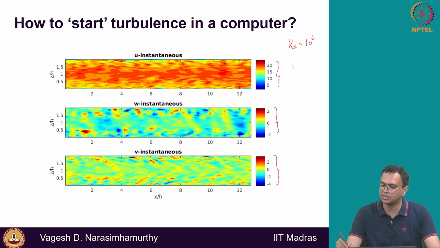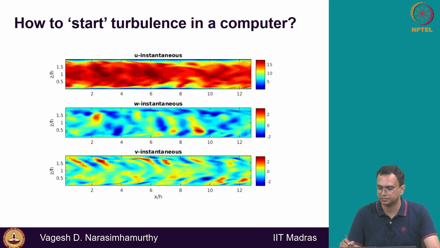Now I use this as the initial condition. I reset it to the initial condition for Re equal to 10 raised to 4. I get this. This is what I wanted finally.